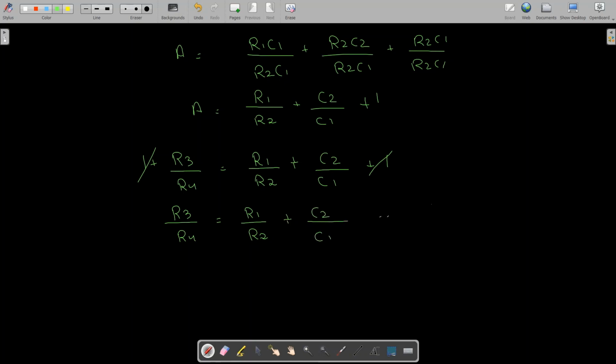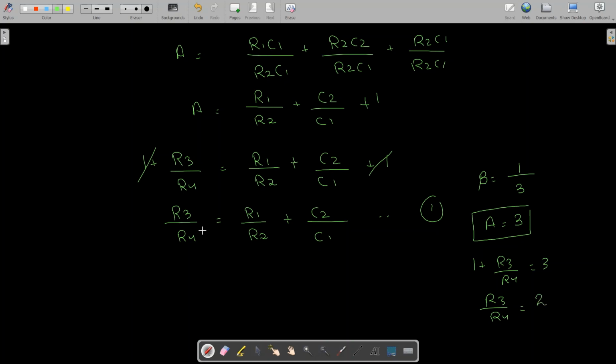This is your equation number 1. Now because beta, which is the attenuation factor of the feedback circuit, is equal to 1 by 3, A should be 3 theoretically, and practically it should be greater than 3. For A equal to 3, because A is 1 plus R3 divided by R4, R3 divided by R4 should be equal to 2.